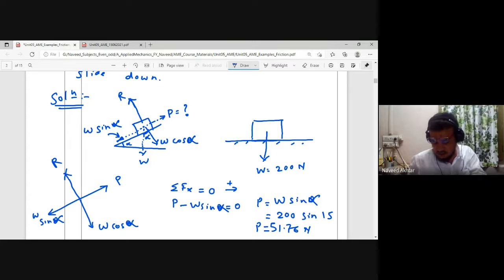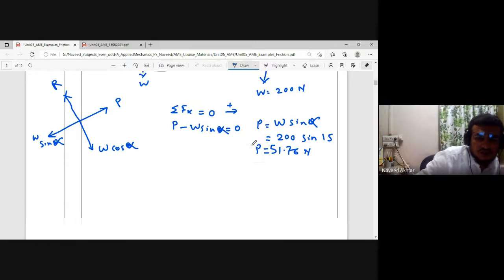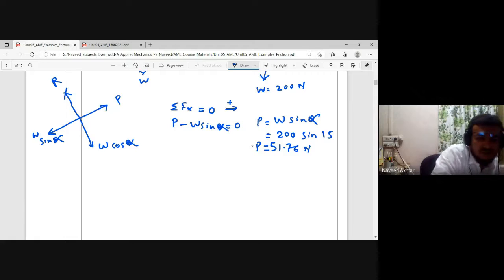And the value of R will be, that is summation of Fy is equal to 0, and upward will be positive. So R is upward, so positive R minus W cos alpha is equal to 0.